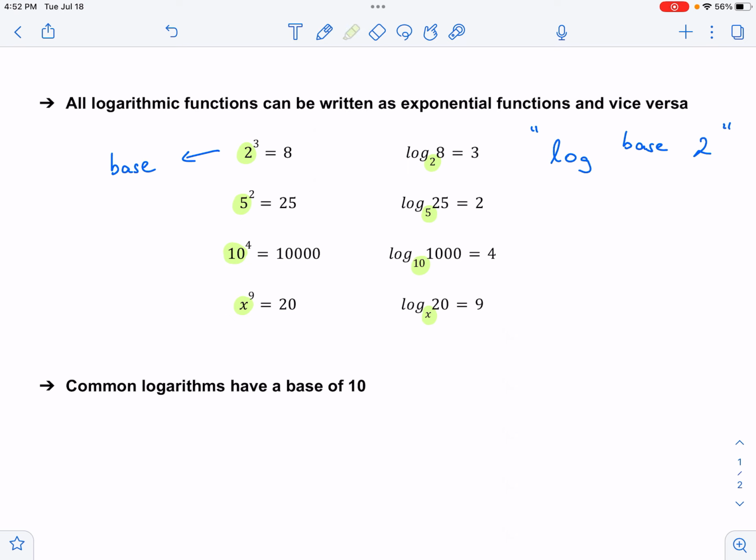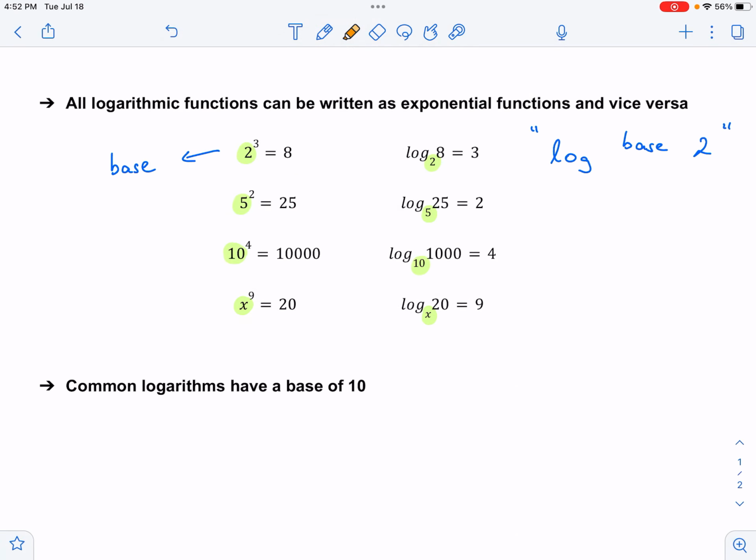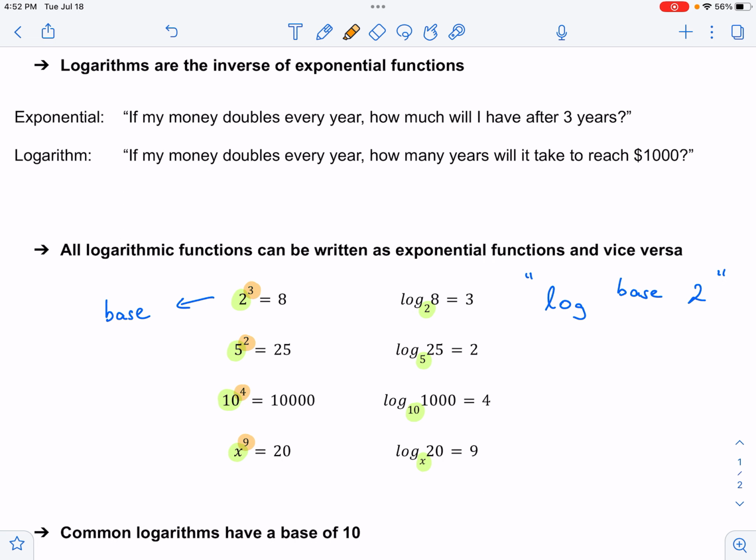Then we have in our exponential question, we had the exponents. So the cube, the squared, the 4, and the 9. Think back to the sample question. If my money doubles every year, how much will I have after 3 years? Okay, and then we got the answer. In this case, it was 8. Log works backwards.